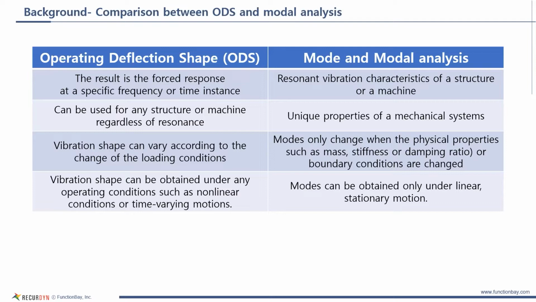The ODS vibration shape can be obtained under various operating conditions that can actually be nonlinear. And you can also have time varying motions and so forth, and all of those conditions can be included. The calculation for the modal information, on the other hand, is really looking at linear stationary types of motions being predicted.